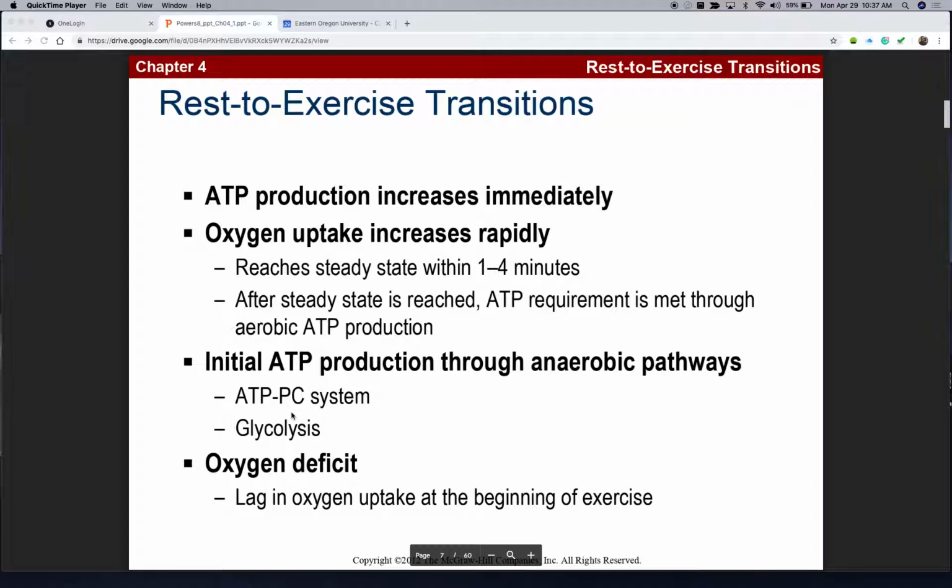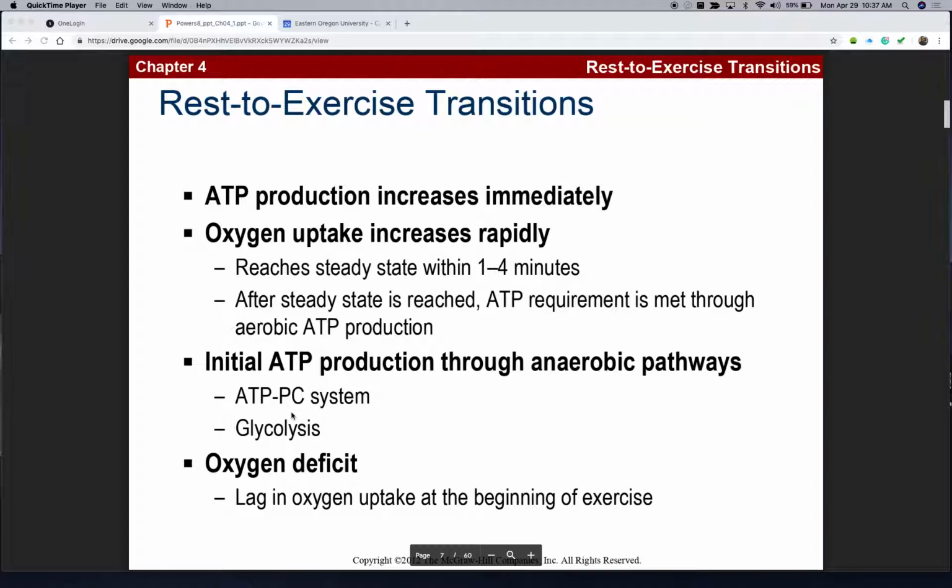Remember, we've already talked about steady state, which is not the same as what we considered homeostasis, but it's a different play on homeostasis. It's a temporary state where we're meeting exercise demand at a given rate in order to sustain a certain amount of work output. That's what steady state is, right?